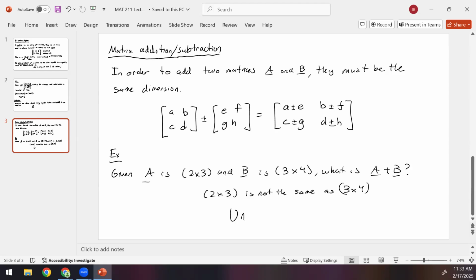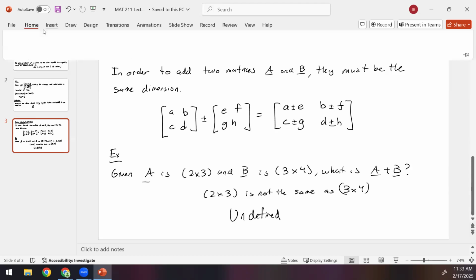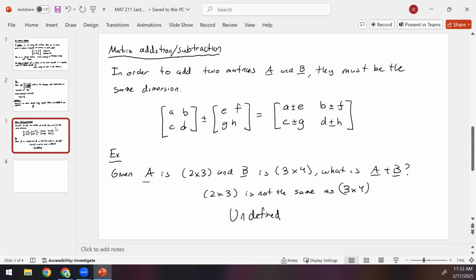So you would say it's undefined. You cannot add these two matrices because they don't match up. They don't have the same number of elements in every single spot. So we can't do anything. That's nice, there's no weirdness going on there. You either can add them together or you can't.